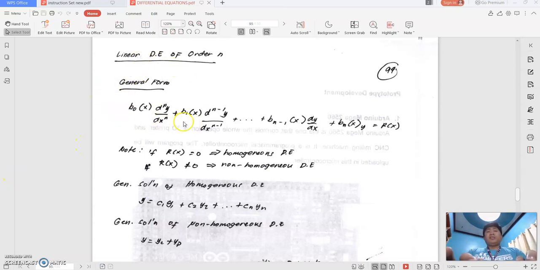In a linear differential equation of order n, it has a general form, which is this form.